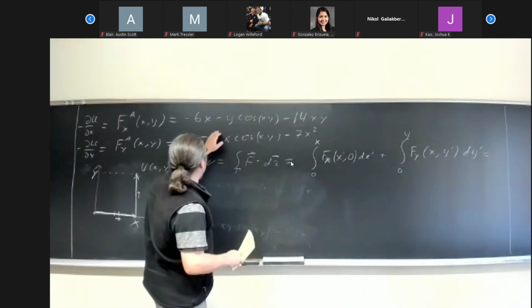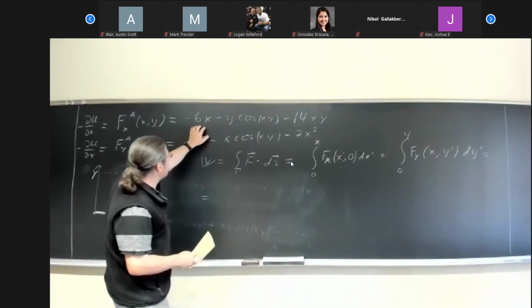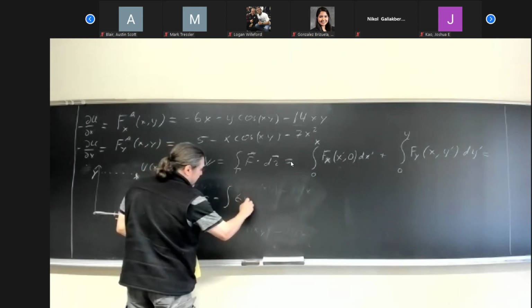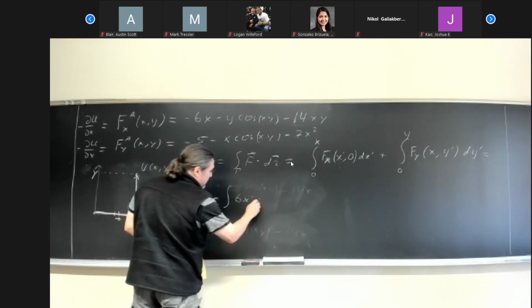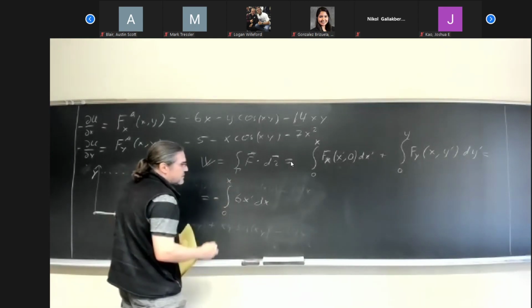I see that this is 0, this is 0, and the only thing which will be here is this one. So I have minus the integral of 6x prime dx, and I need to integrate it from 0 to x. This is this integral.